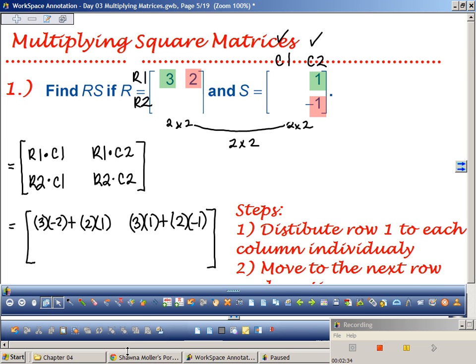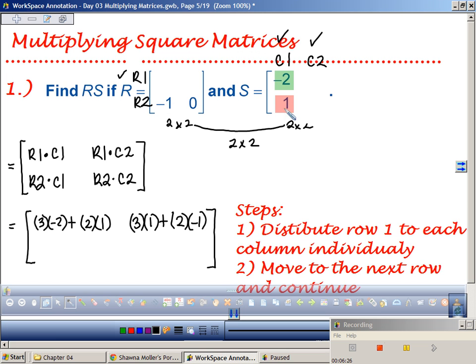We want row 1 times the 2 columns. Row 1, column 1, row 1, column 2. Done with row 1, so I'm going to go ahead and cover it up. Done with it. And moving on to row 2, column 1.